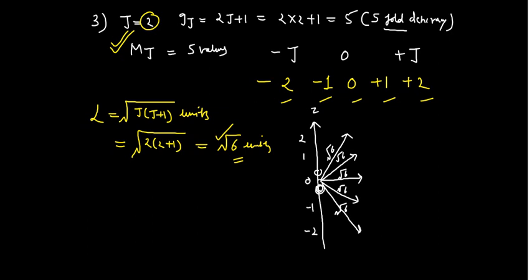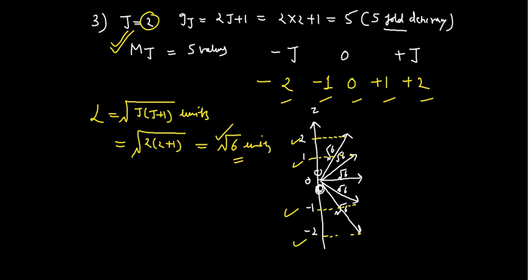Now this line would always cut at 2, this would always cut at 1, this would always cut at -1, and this would always cut at -2. This is how you can show it. So this L vector is rotating. You can see here, this is only one direction.